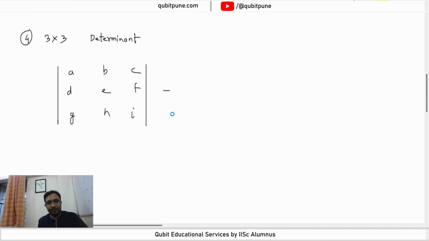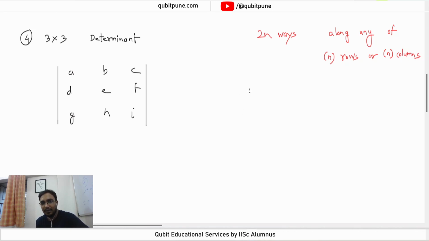Remember, to expand any 3 by 3 determinant, or in general any n by n determinant, we have 2n ways. We can expand the determinant along any of the n rows or n columns. So how do we expand the determinant? We take every element in a particular row and multiply it by its cofactor. Okay, I hope you know that.